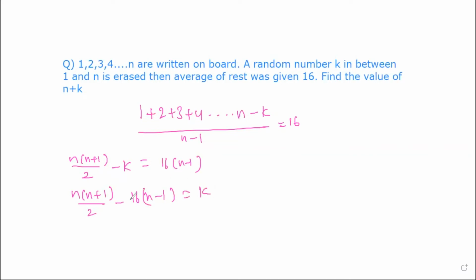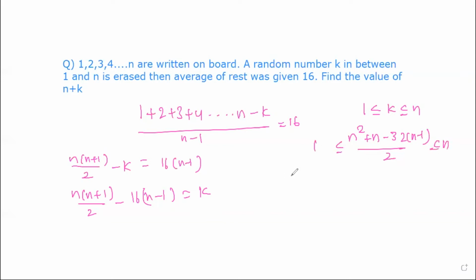And since k is a number picked from 1 to n, k will be any number lying between 1 and n. But the simplified form of k here is (n square plus n minus 32n plus 32) by 2, which should lie between 1 and n.